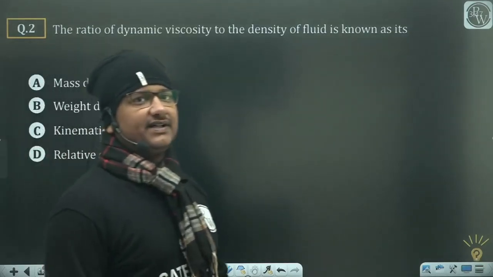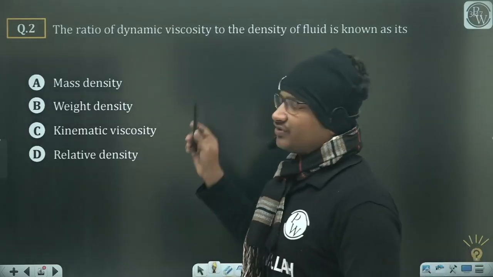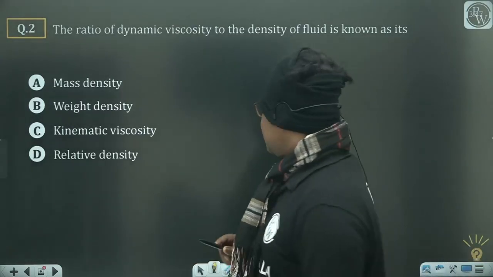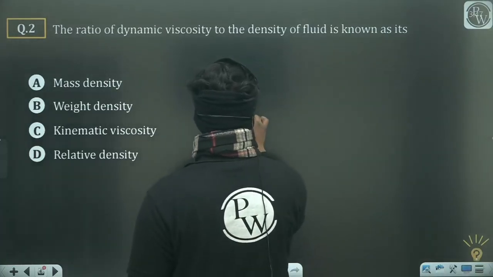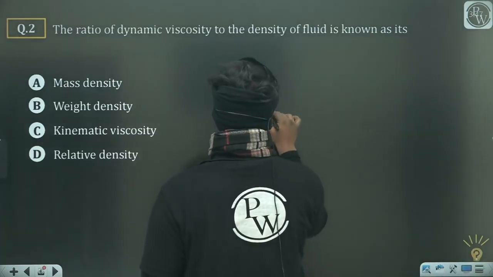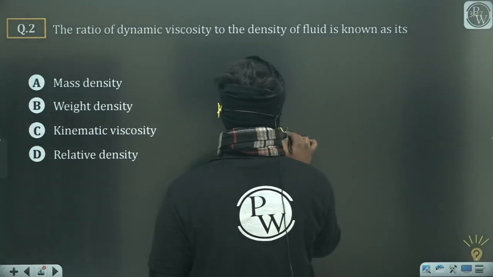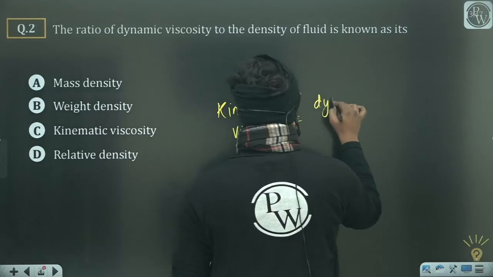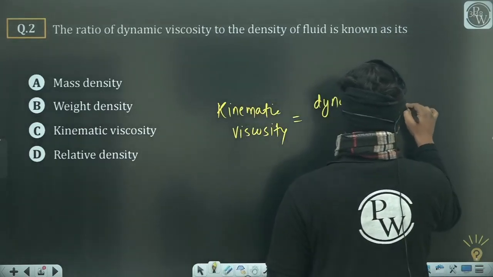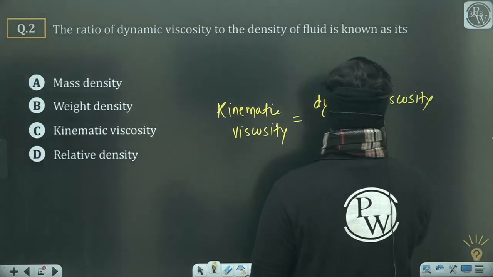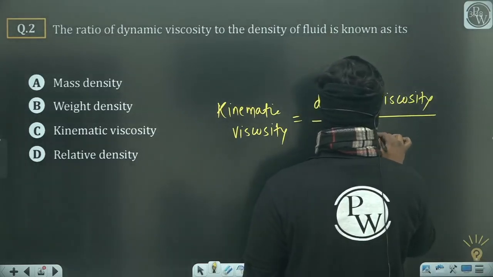Next question is, the ratio of dynamic viscosity to the density of fluid is known as. Now, dynamic viscosity is something which you have not studied till now. So I'm writing for all of you, for this question only, that kinematic viscosity is equal to dynamic viscosity divided by density.